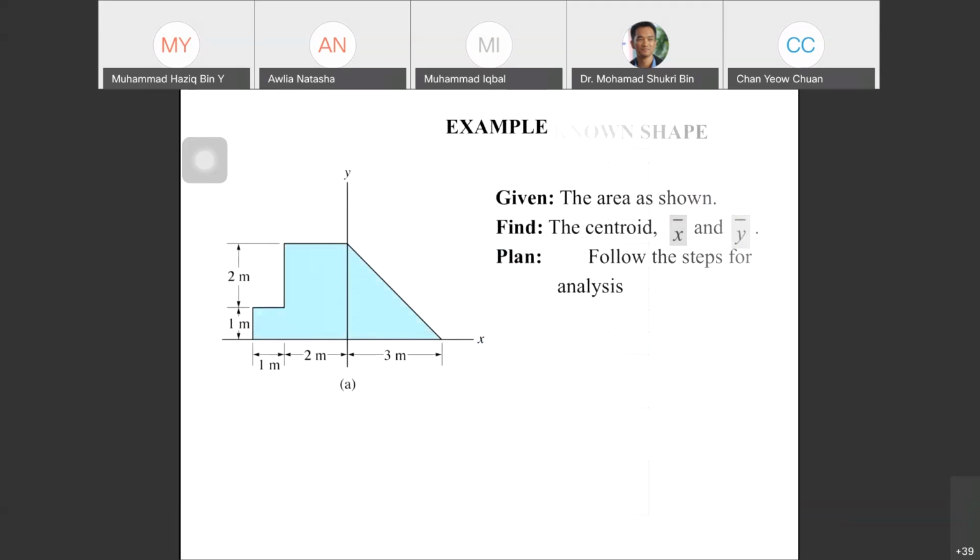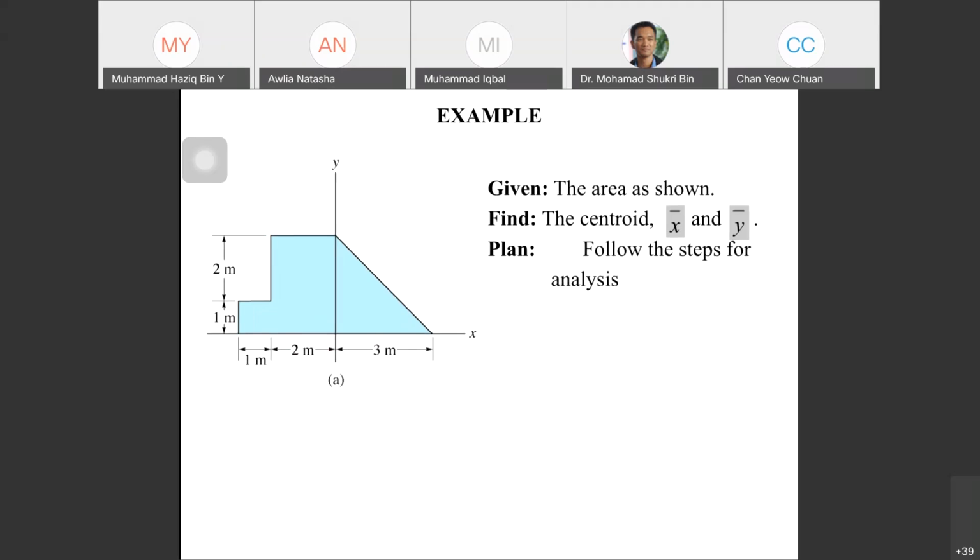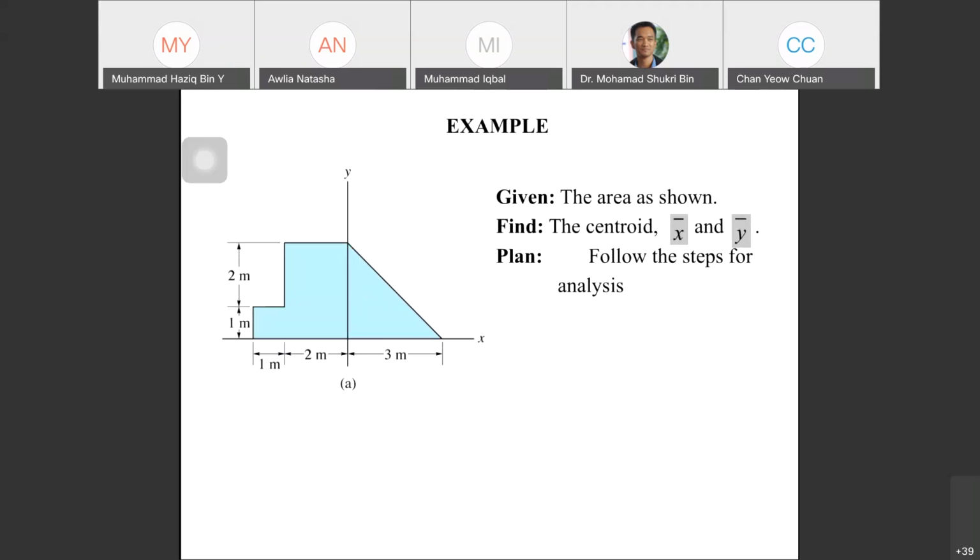So, example. You are given the area as shown, like this one. Find the centroid, x bar and y bar. So we have the steps for analysis. We have a rectangle, and we also have a triangle here.